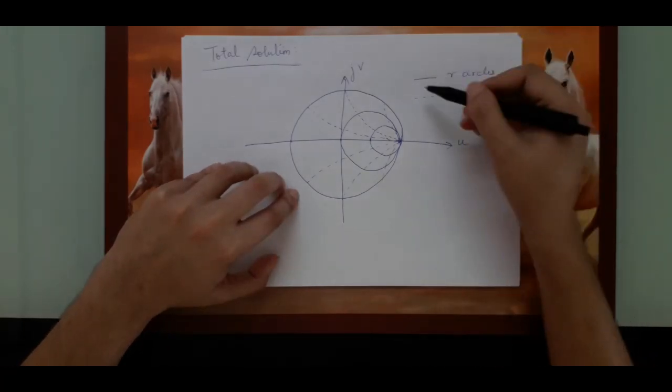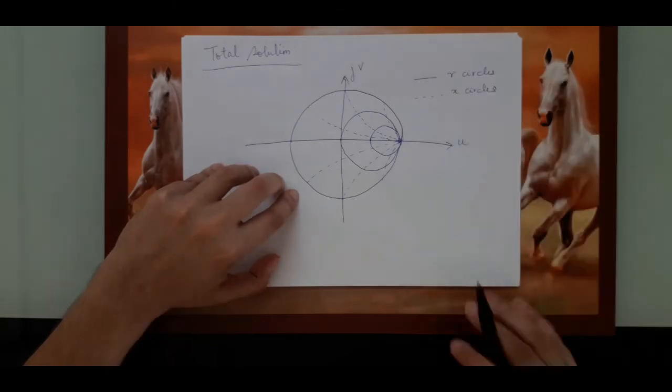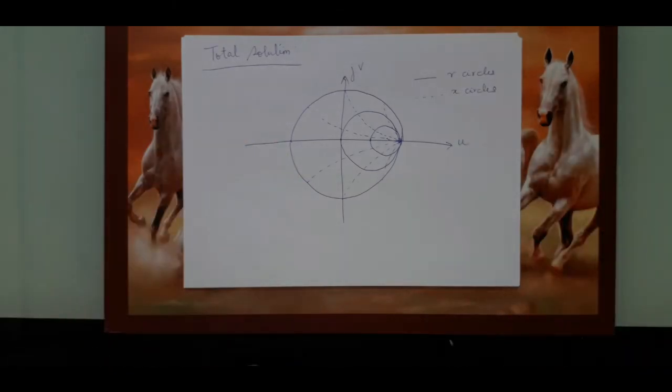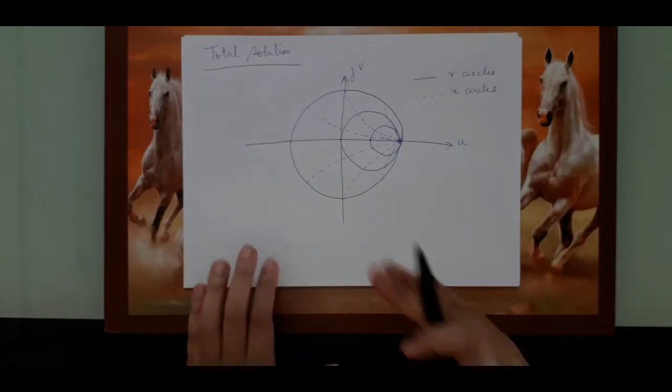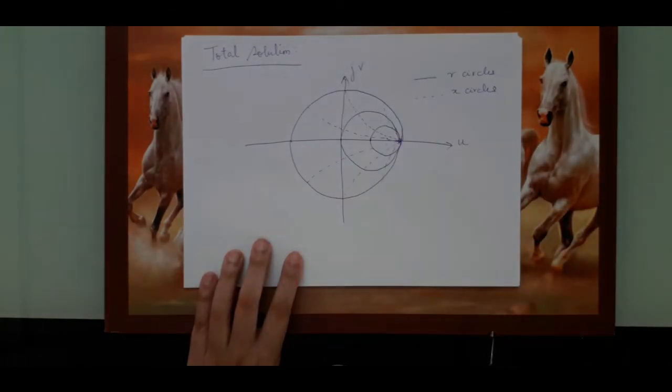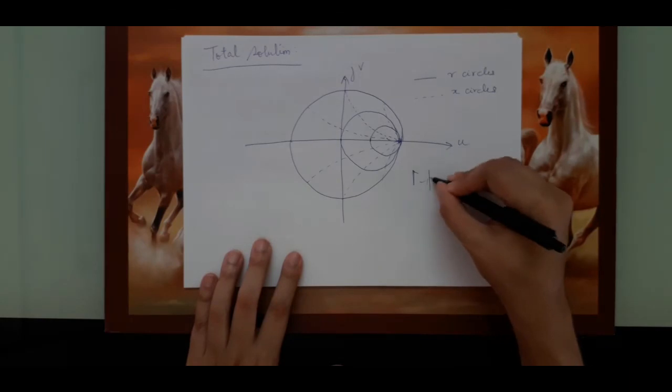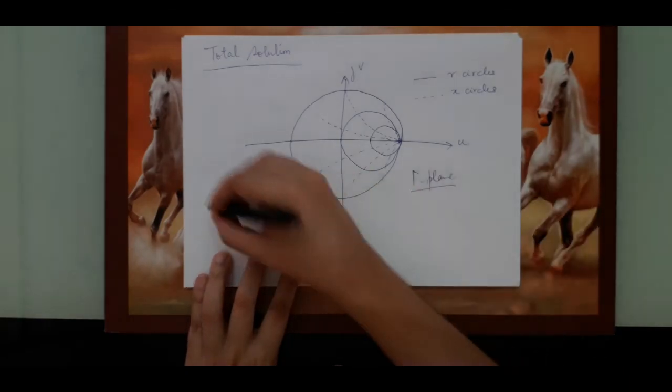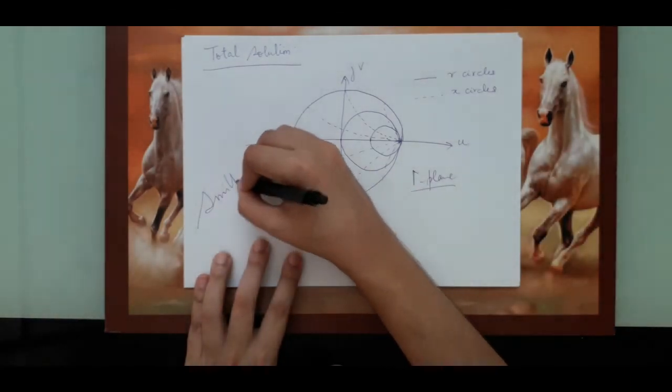So, using the bold line and the dashed line, we have made a coordinate system where we can map any impedance we want on the gamma plane. And this is nothing but the Smith chart.